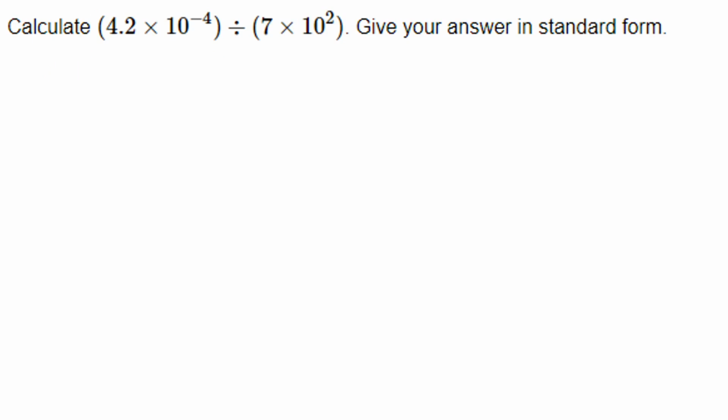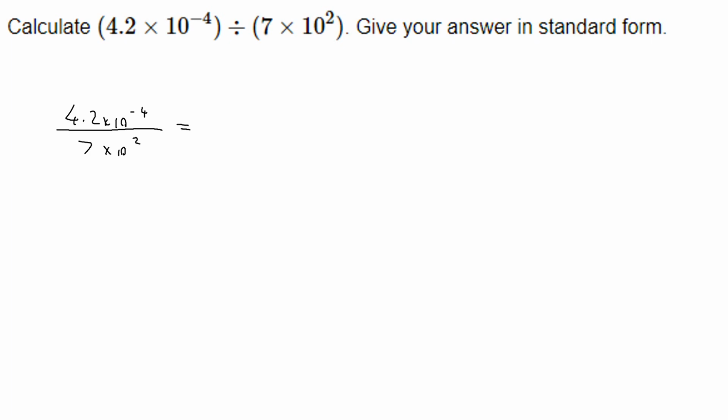What about this example? Well, it's a decimal, and we're dividing it by a non-decimal. Absolutely fine. We have 4.2 times 10 to the minus 4 over 7 times 10 to the 2.